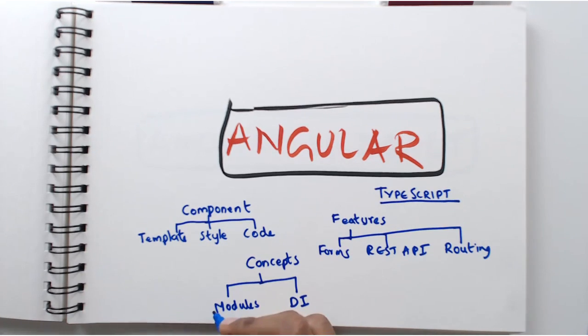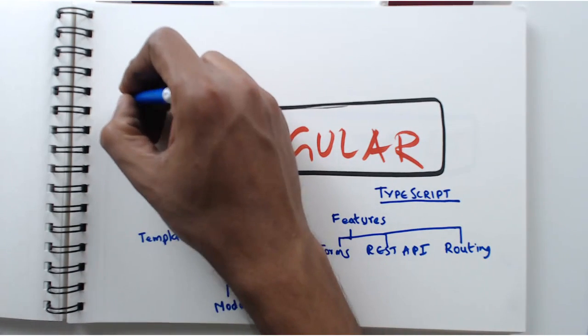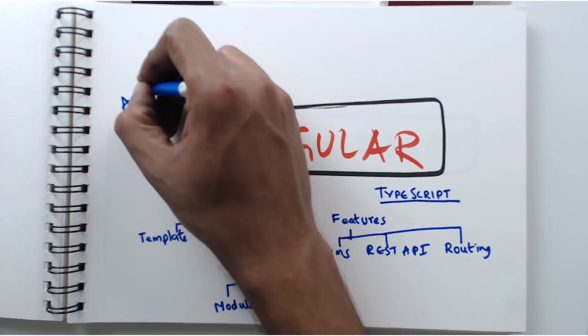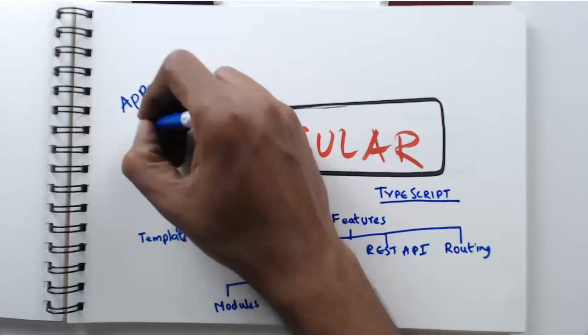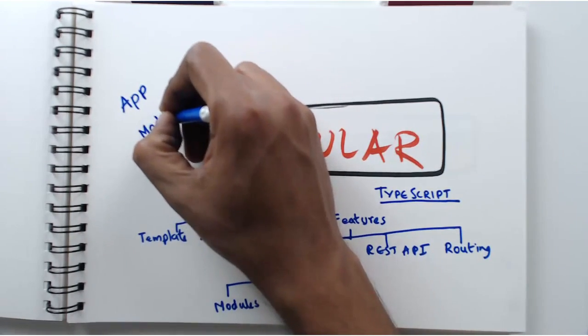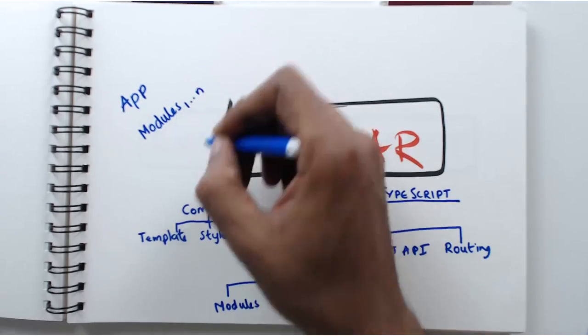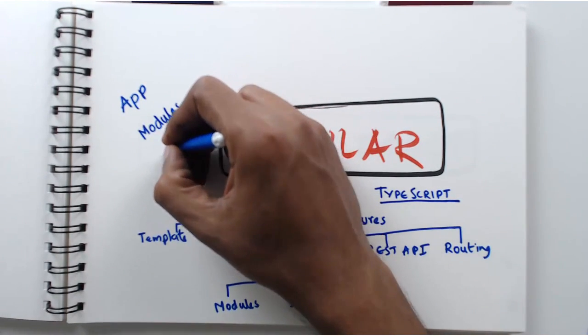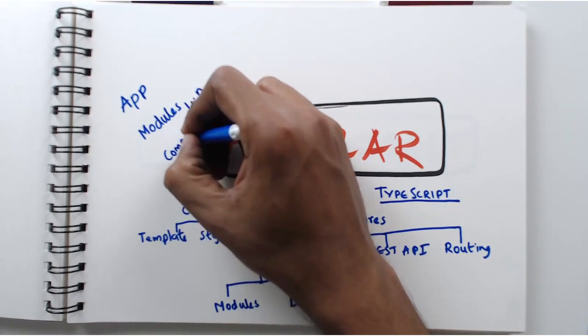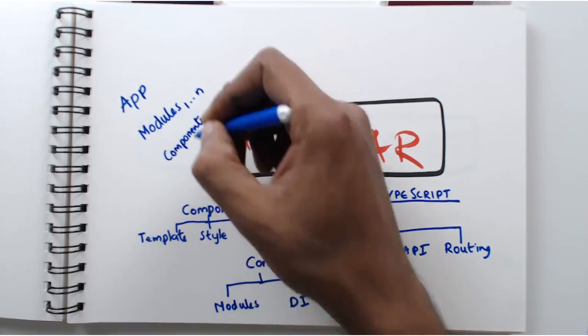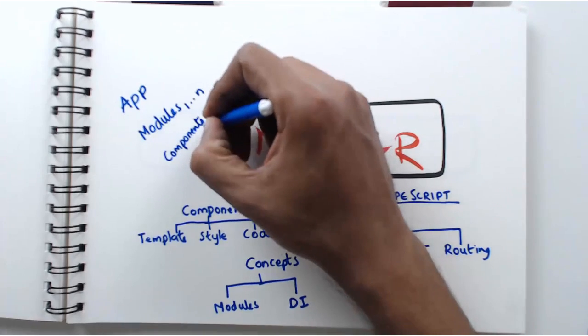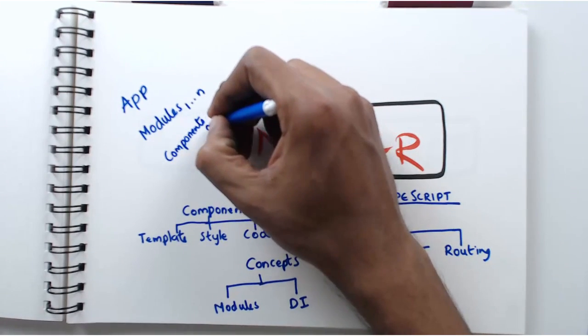And the other important thing that we talked about is modules. The way an Angular application is built is that each application will have a number of modules, so 1 to n modules, and each module can contain n number of components. Each component that you build will go into one of the modules.